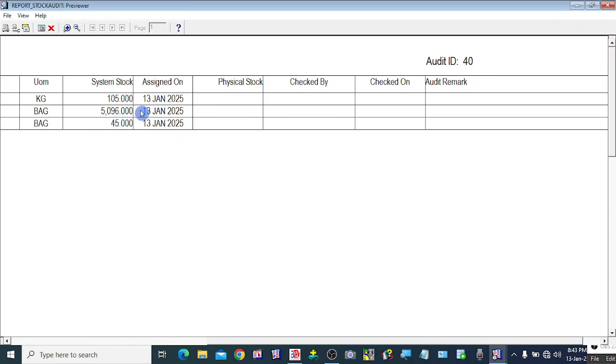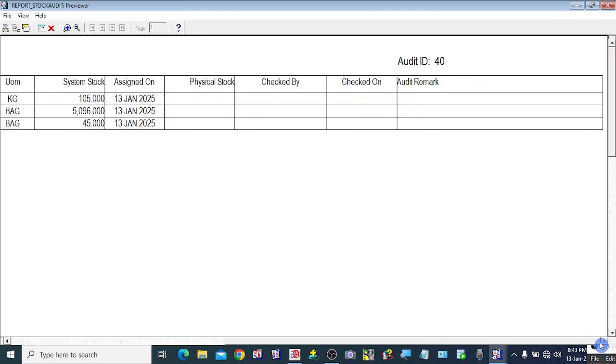Against each item, he can mention here the exact physical stock he has received in the physical stock counting. Who has checked it, on what date he has checked it, if there is any excess or shortage, he can mention in this audit remark area.